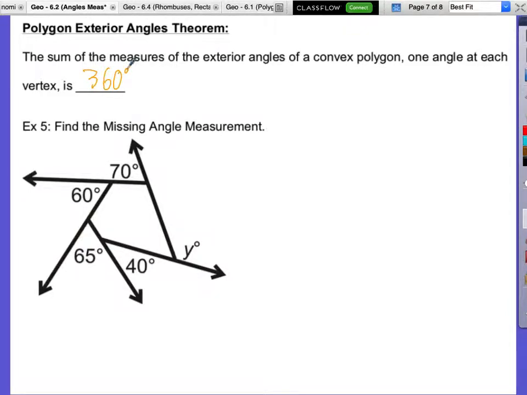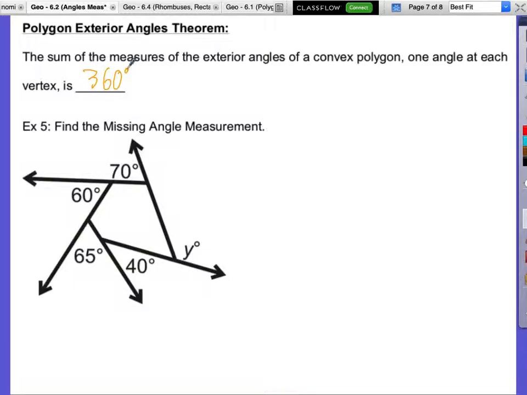So regardless of the number of sides, it could be 3 sides, a triangle, 4 sides, a quadrilateral, 9 sides, a nonagon, 58 sides. It'll have an exterior angle sum, all the exterior angles will add up to be 360, as long as you only have one at each vertex.